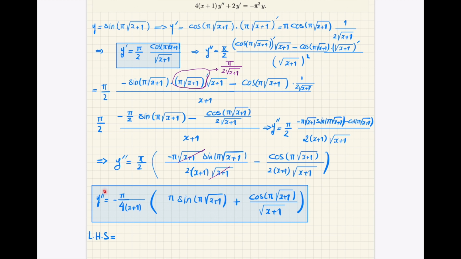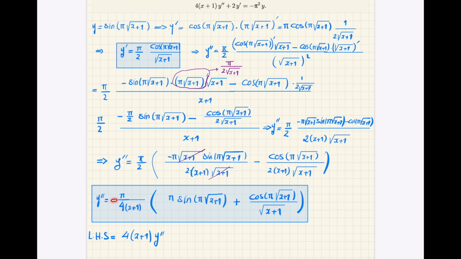If I multiply y double prime by 4 times x plus 1, this becomes the expression that I want, but I also have to multiply this one by exactly that combination, so this will cancel that one. So let me repeat. If I multiply both sides of this relation by this factor, the left hand side becomes exactly what I want. The right hand side, when I multiply, this will cancel that one.